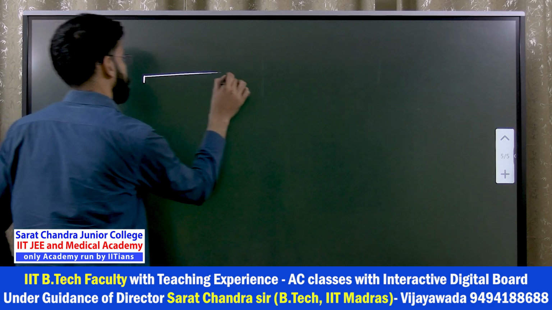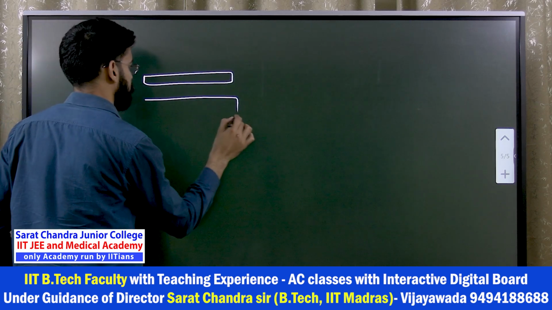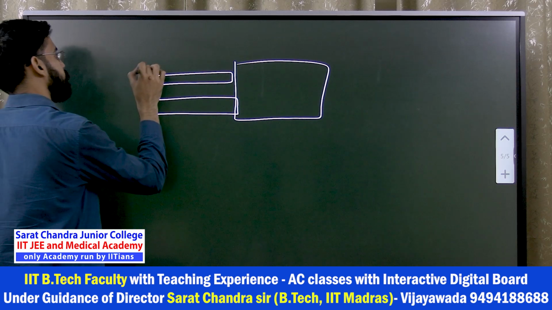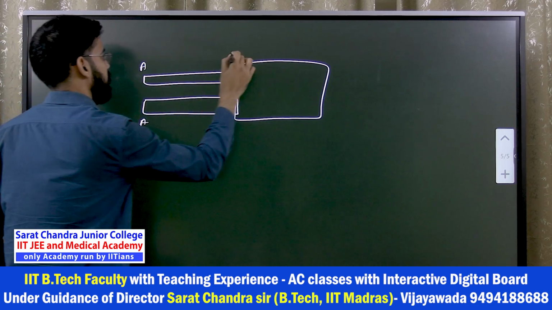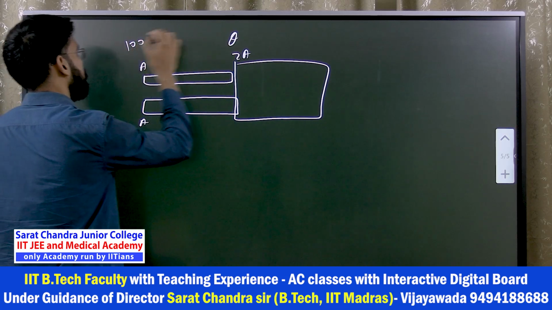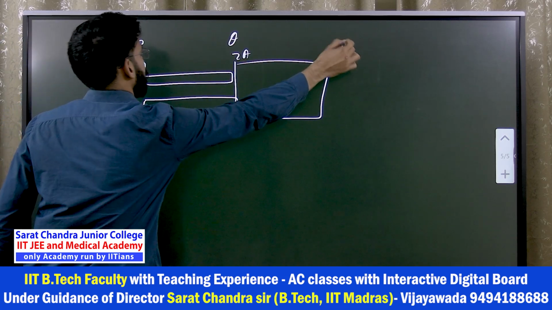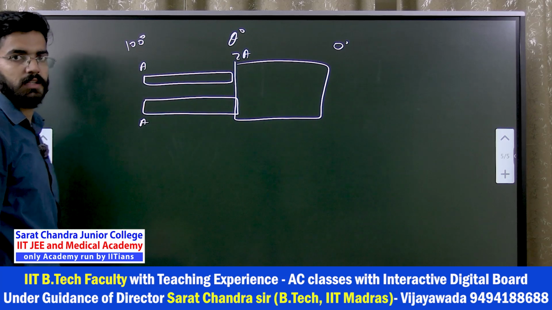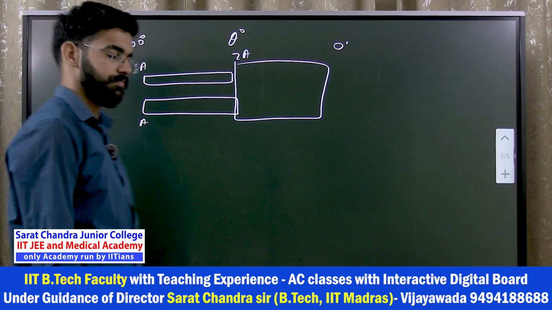You assume there is a rod, then a rod, and then a rod. The area of cross section is A and 2A, right? Here you assume theta is there, here 100 and here 0. So first of all, if I combine both of them, the resistance will get added directly.